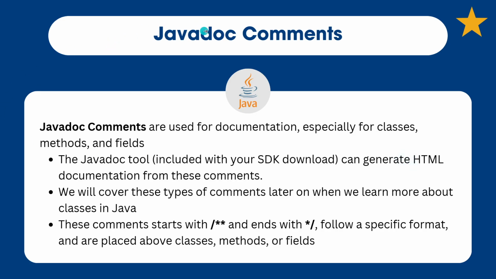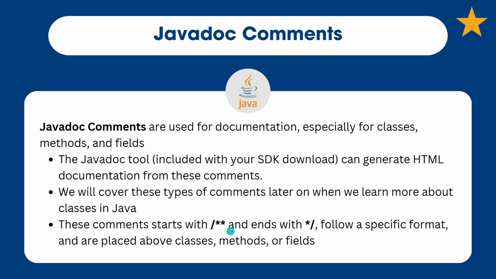Now, some of the most important comments are JavaDoc comments, which, if you remember, JavaDoc is part of the SDK download that we have. It's a tool. So the JavaDoc tool can generate HTML documentation from these comments. So when you write these comments, they're very similar to multi-line, but notice the extra asterisk. You can actually generate a really cool guide, and it has a really nice style and interface because of JavaDoc.